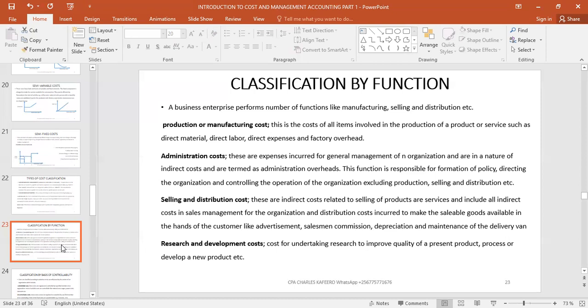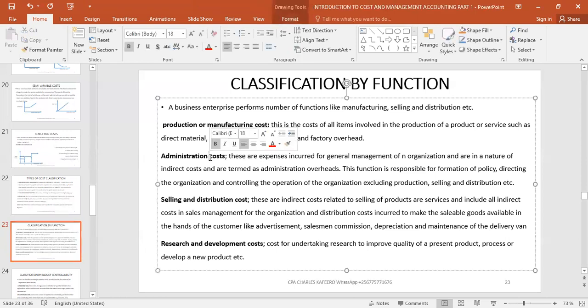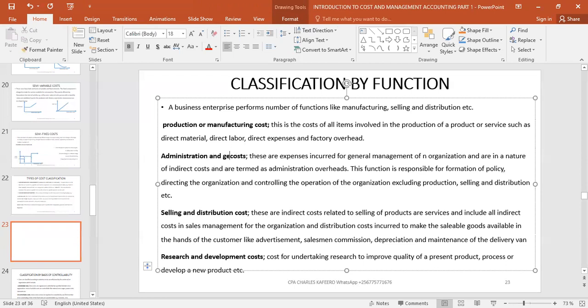The other thing, we have the administrative and the general expenses. You can as well add something here, and you call them administration and general or office costs, or office expenses.